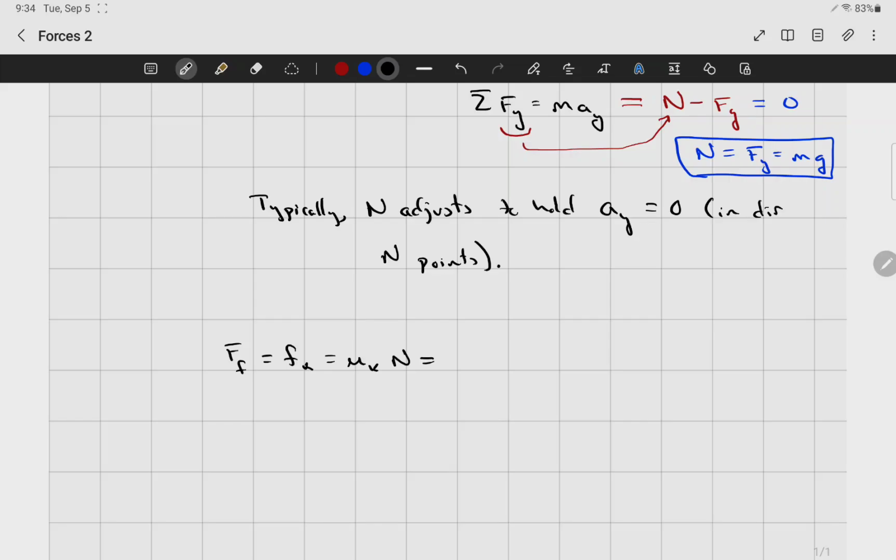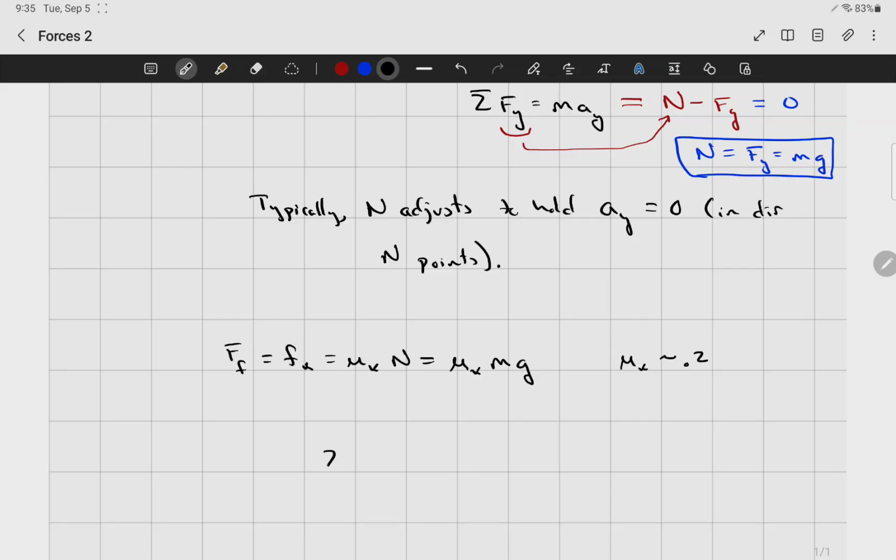Since I've now found that the normal force is equal to mg, the frictional force is mu kinetic times mg, where mu kinetic is going to be some number, something like 0.2. It doesn't have any units. It's a fractional relationship between the strength of the normal force and the strength of the frictional force.